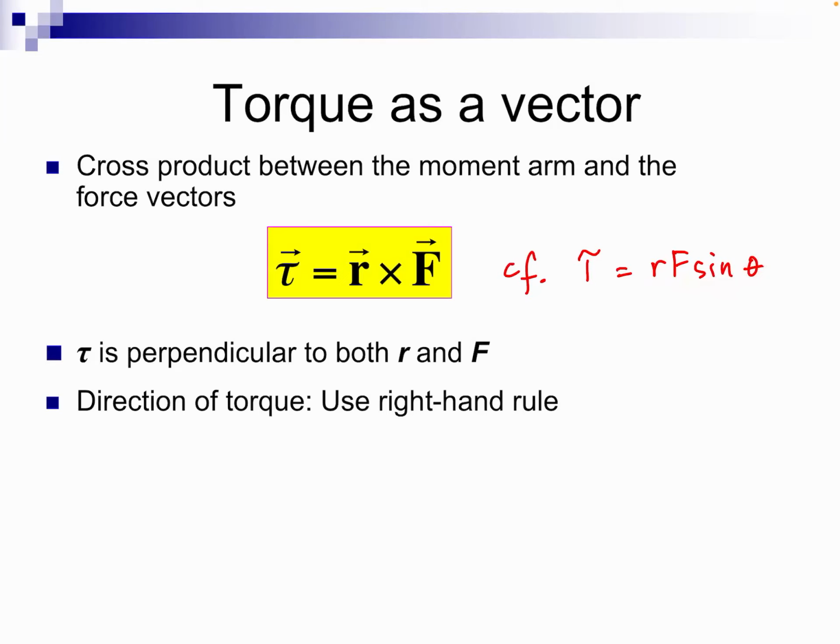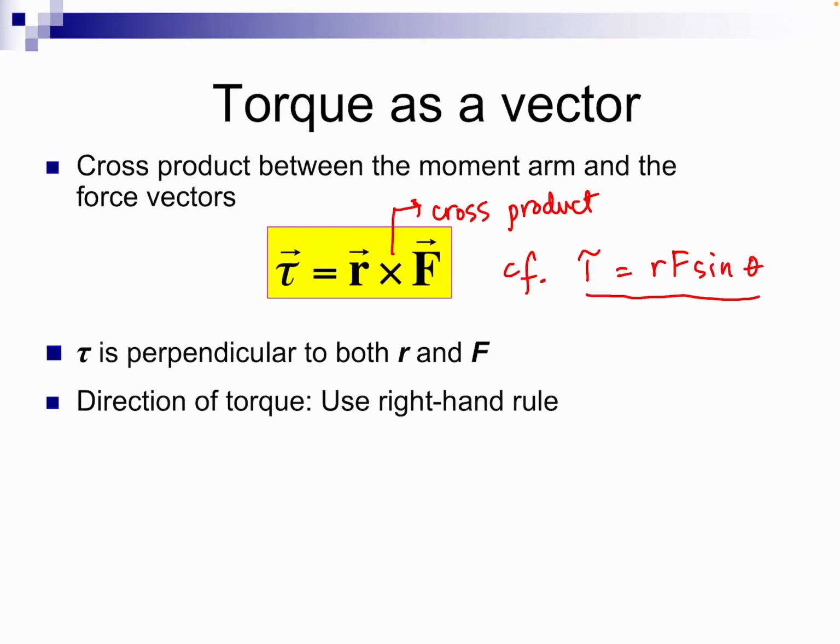But this definition of RF sine theta being torque actually came from the general definition for torque being R cross F. It's again the cross product between the moment arm R or position vector R and the force vector, the force that will tend to cause the rotation on the object.